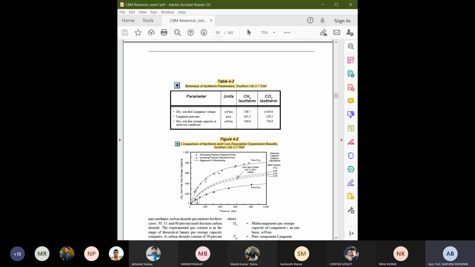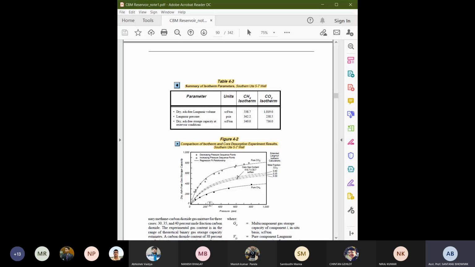It can change. At lower pressure steps, you can see the ratio of these two gases adsorbed is much more different than at the higher pressure steps. At higher pressure, it is likely 1:2. But in the earlier cases, it may reach up to 1:3 or even 1:4.